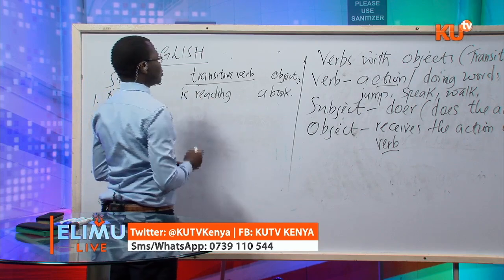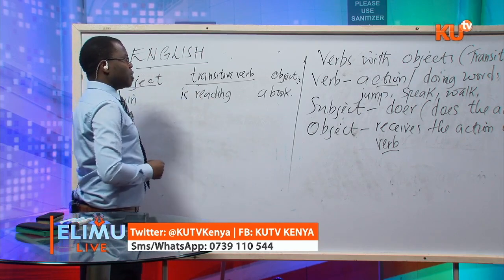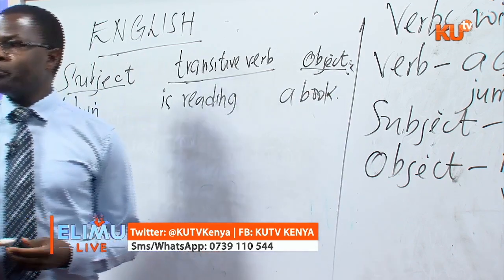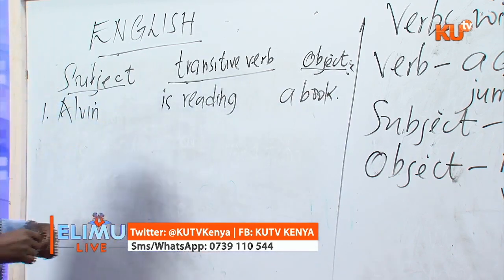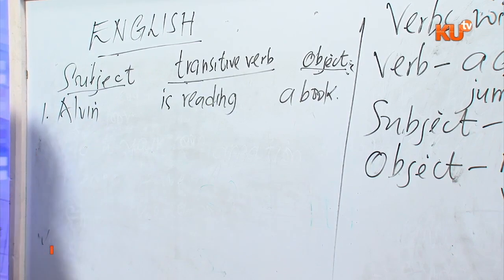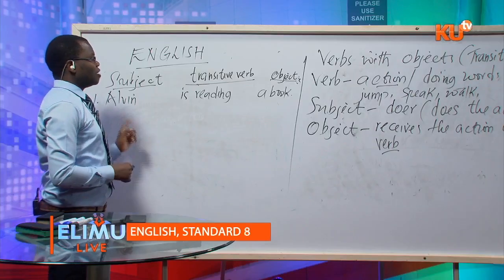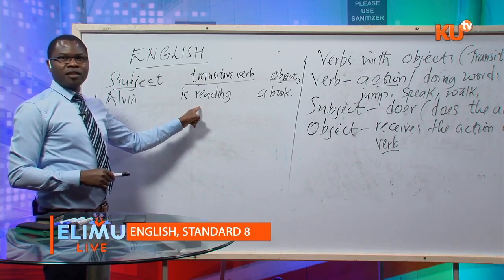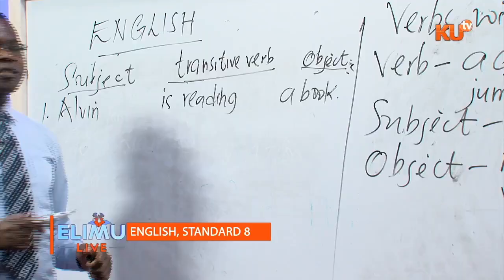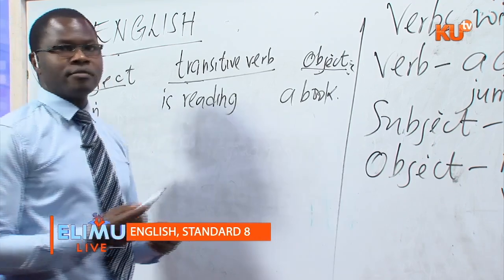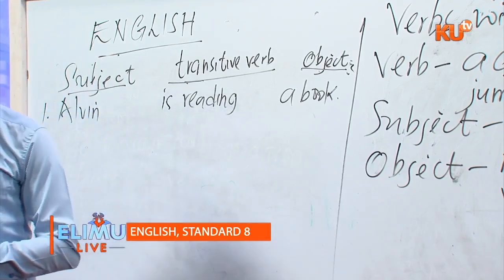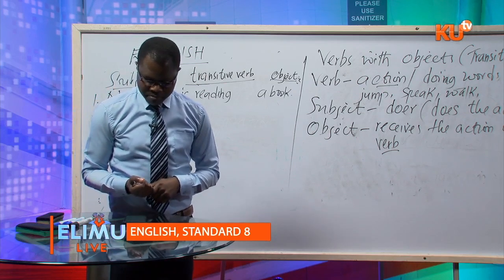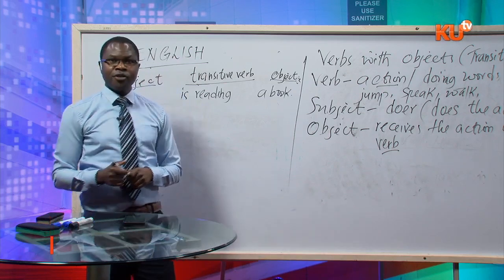Reading is what we call a transitive verb, and then the object here is a book. So Alvin is the subject, he is the doer, the one doing the action here, which is the verb, is reading, and what is being read is the object, which is a book.